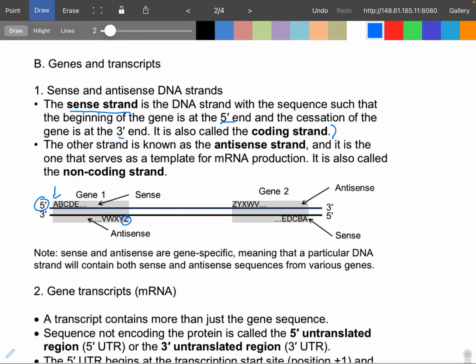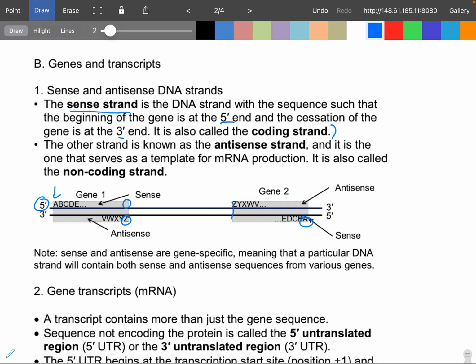Whereas the 3' end is the end of the sense strand for that gene. And so another example, we could have on the opposite strand of DNA, potentially right next door, another gene that has its sense strand going on the opposite strand. So here we have the 5' end beginning of the gene, A, B, C, D, etc., and then the end is over on this end.